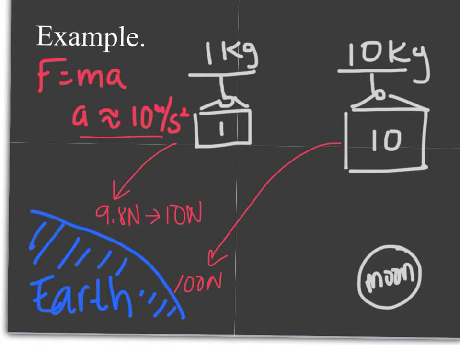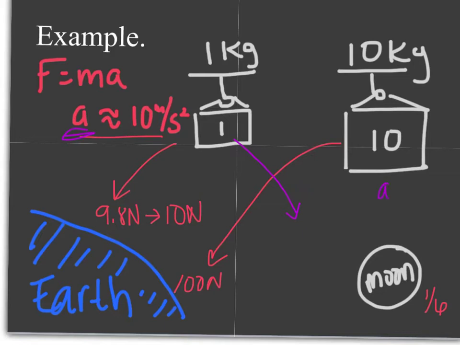So now it turns out that the moon has 1/6 of Earth's gravity. So what that means is we can take our 1 kilogram box, and because 1 kilogram is mass, the mass stays the same. But now on the moon, that mass is going to have a different gravitational force because the acceleration due to gravity there is different.